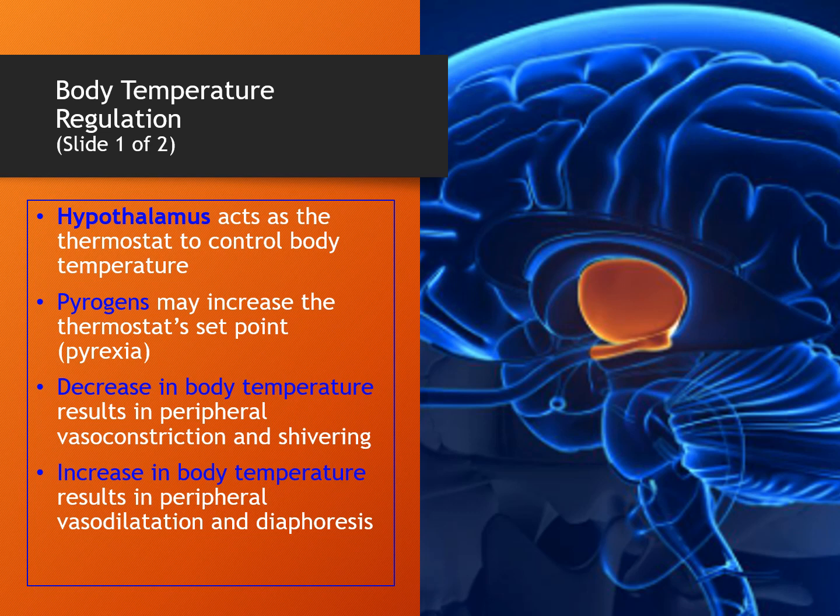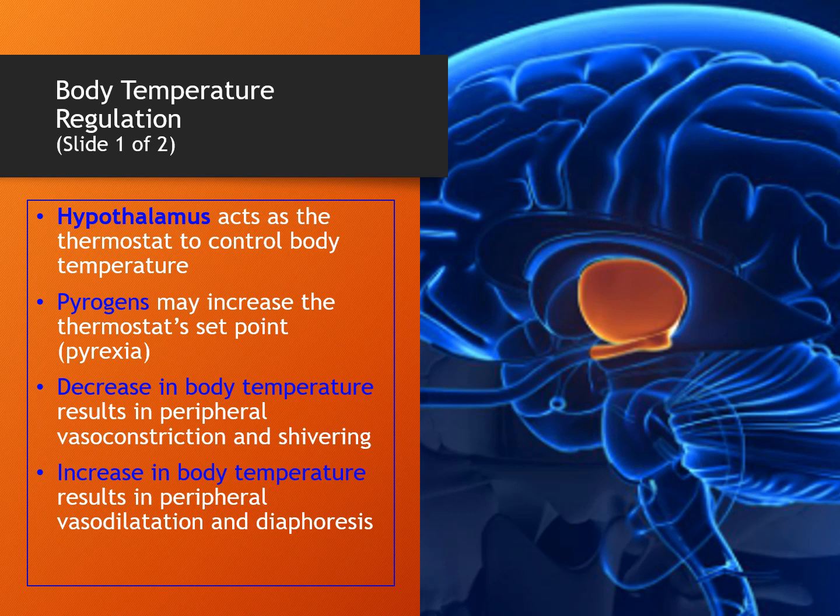You will be shivering, but all of your vascular system will shrink and get smaller. That's why a lot of times when people are cold, their lips will turn blue, or they'll look kind of pale, because the veins and arteries and everything have constricted, they've gotten smaller.